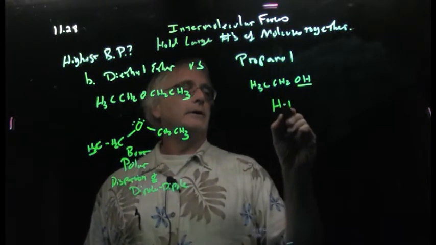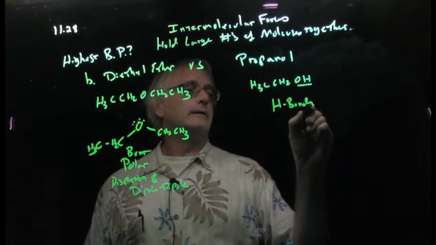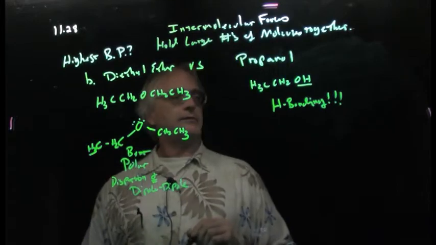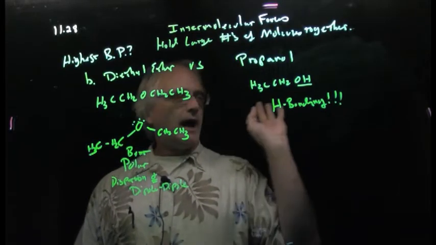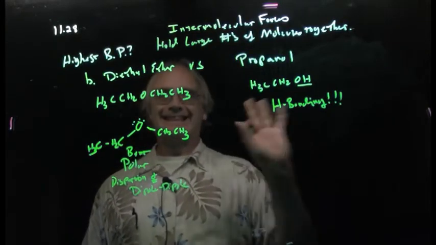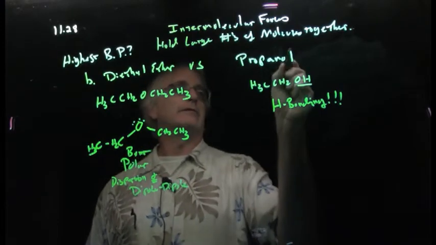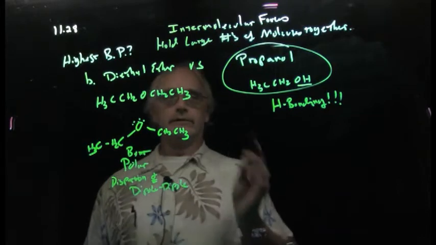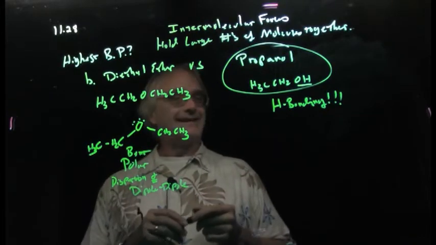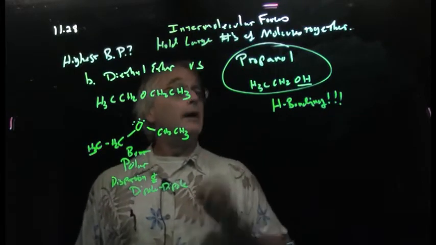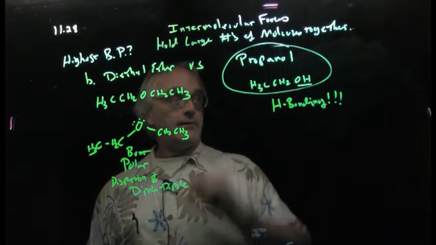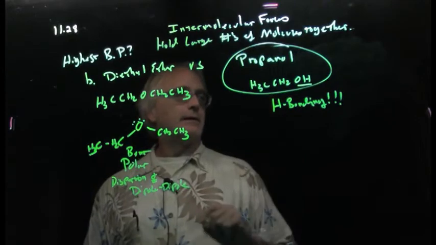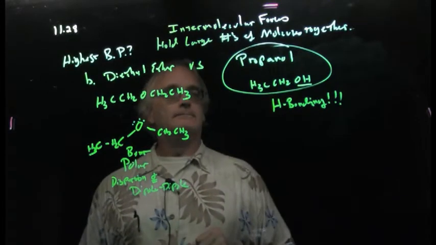That's a hydrogen bonder. Hydrogen bonding! Right off the bat, I don't have to draw anything else out. This one has the strongest intermolecular forces. That one has the highest boiling point of these two molecules. Hydrogen bonding, that is always a good one to look for. Be able to spot it: F, H, O, H, N, H. It popped up here very readily. There it is. That's the one.